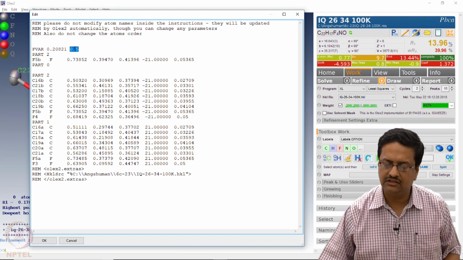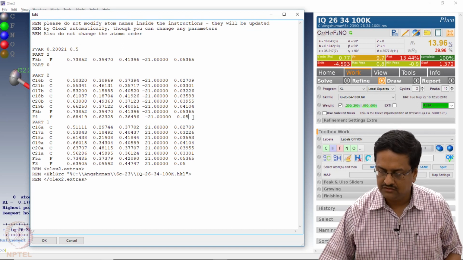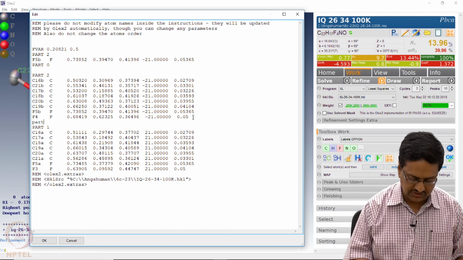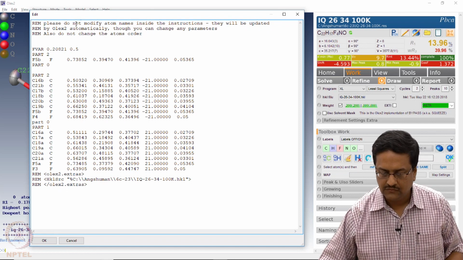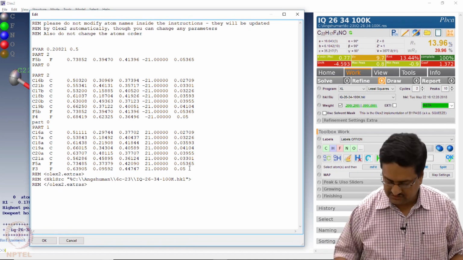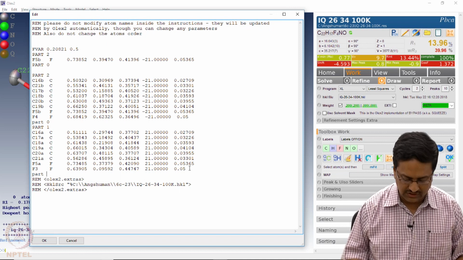The free variable is 0.5, which means these two fractions are 50-50 populated. So we should conclude this with PART 0 and this also with PART 0.